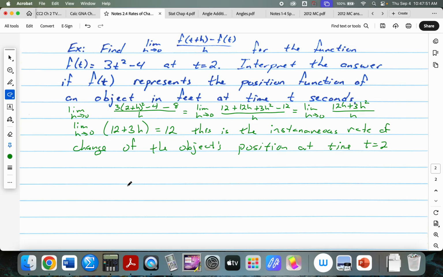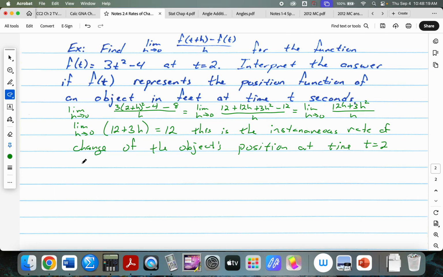What's another single word for the instantaneous rate of change of an object's position? Close. Velocity. Speed is the absolute value. In this case, the speed and the velocity are the same, but we have to be careful about that. If the object is moving forwards and backwards, then we have to always consider velocity.